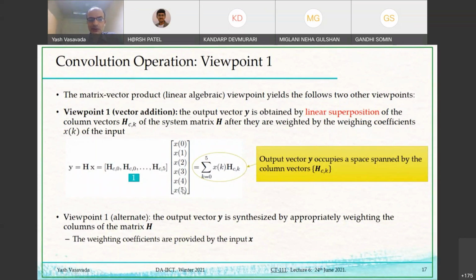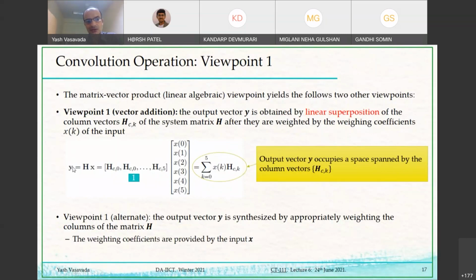Now, in this other viewpoint, the situation becomes exactly the opposite. We don't care about the individual elements of X anymore. So we think of X as a vector, H as rows instead of columns.